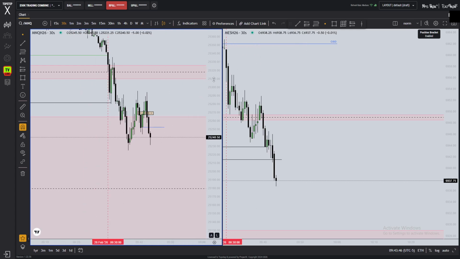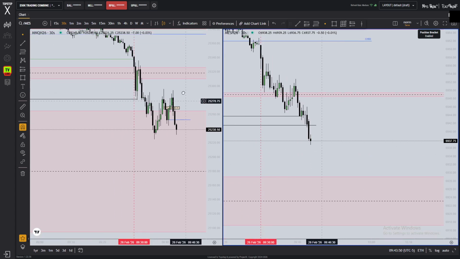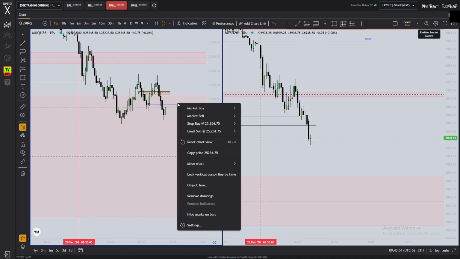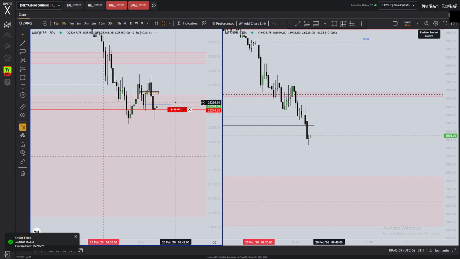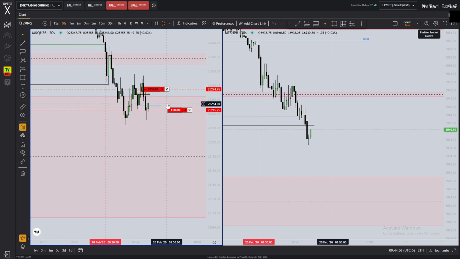Longs are definitely not gonna play out. So we're gonna look to seek lower here. Gonna enter here. We're gonna put a stop above this, and we're just gonna seek lower. So entered 4 here at this change.